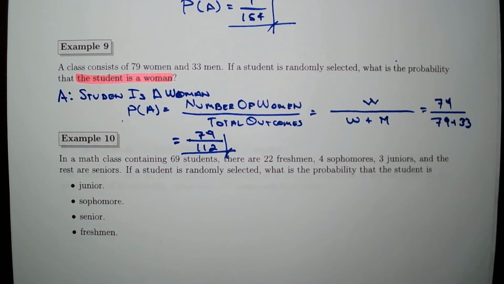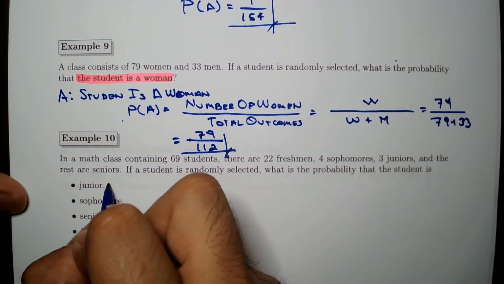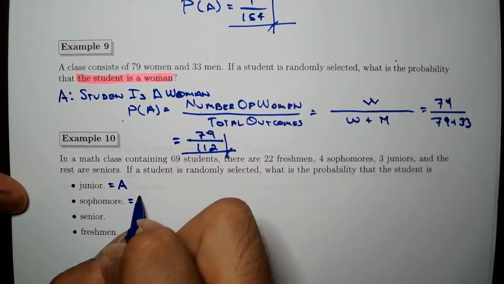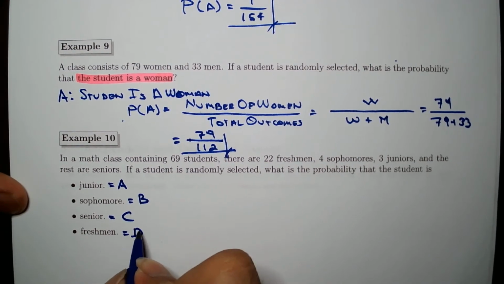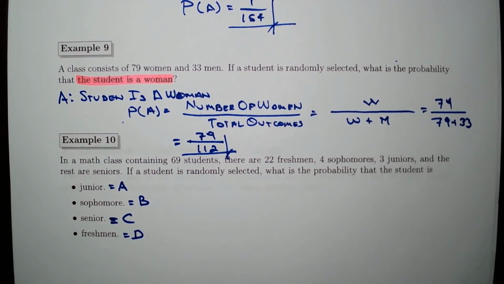So event A, let's call this event A. Let's call this event B, and let's call this event C, and let's call this event D. So see how in this case now we're starting to use different letters to denote the different events. Alright, so we can actually do the calculations.